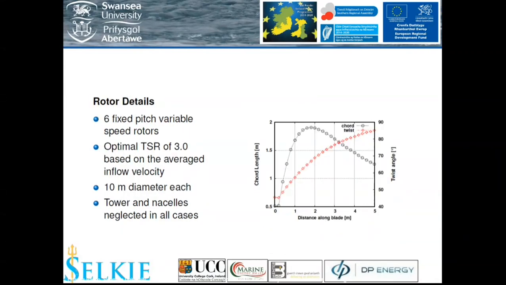The turbines used here are fixed pitch variable speed rotors with optimal TSR of 3.0 based on the average inflow velocity. The turbines have a diameter of 10 meters, which is a reasonable representation of the scales of turbines likely to be deployed in these environments. The turbines are consistent throughout the analysis, and the tower and nacelles were neglected in all cases.